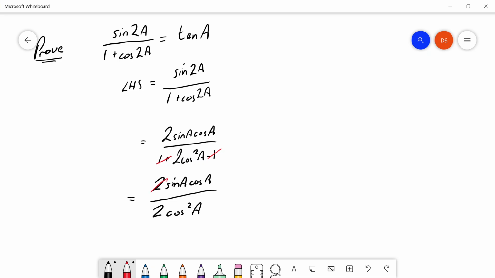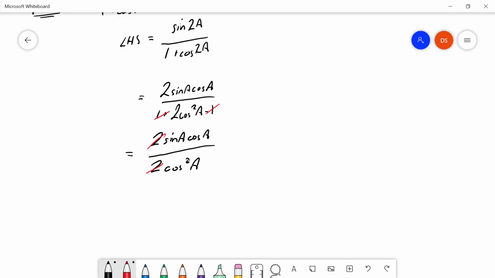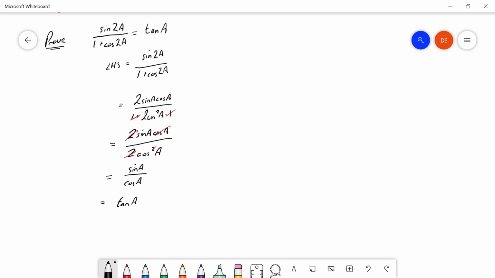Now notice that the 2 and the 2 cancel. And if I cross out one of the cosines with the cosine on the top, I'm left with sine a over cosine a, which is tan a. And so since we had the left-hand side equaling the right-hand side, we have finished our proof.